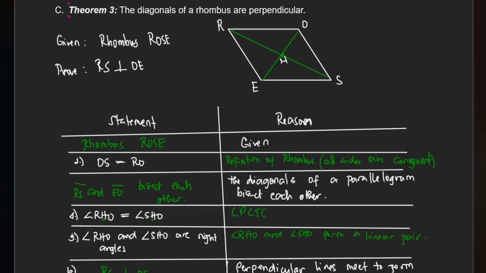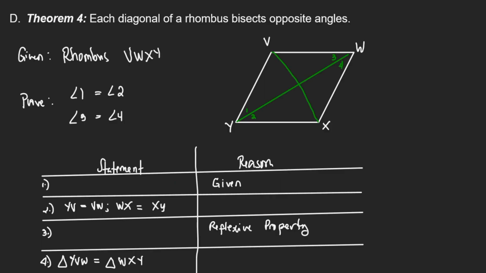Let's proceed with the last theorem, which is theorem number 4. Theorem number 4 states that each diagonal of a rhombus bisects opposite angles.